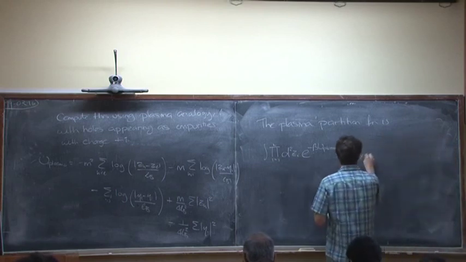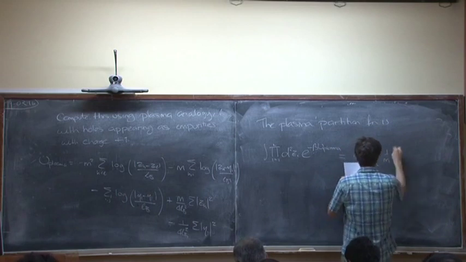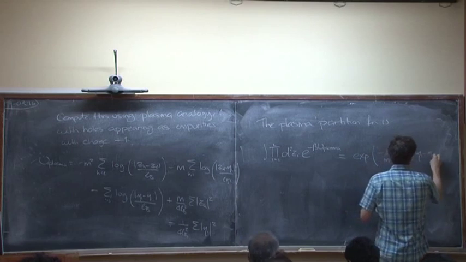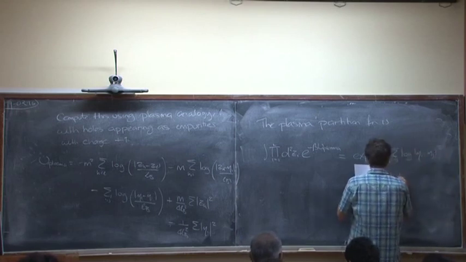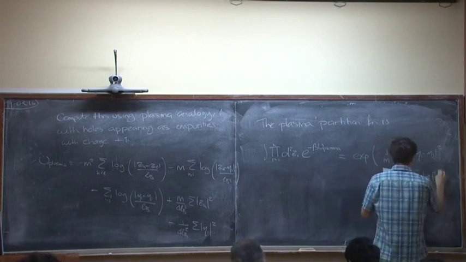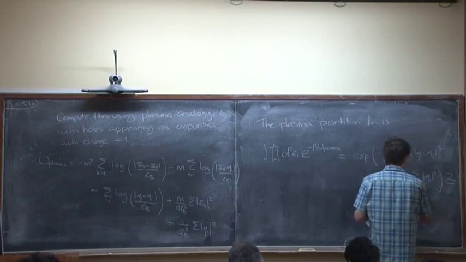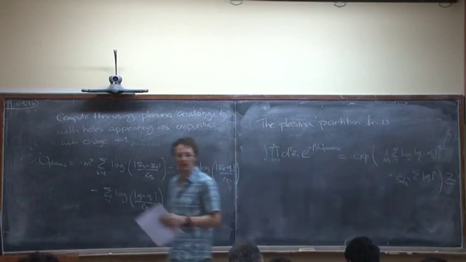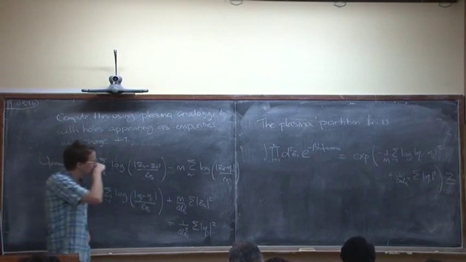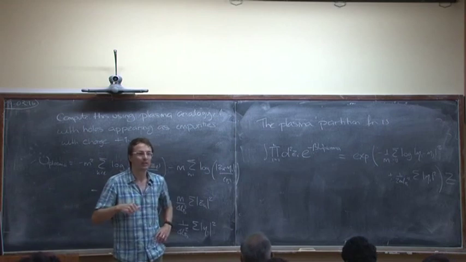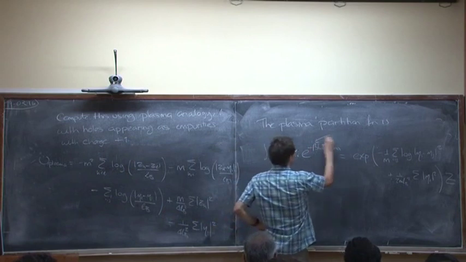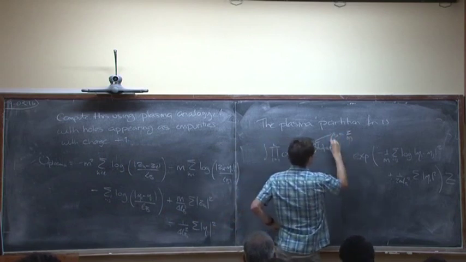So we should write this as the exponential of minus 1 over m, sum over i less than j, of eta_i minus eta_j squared. Okay, I'm not quite sure what sign I've got there. Maybe I screwed up. So now you put in the beta, the temperature. And now, that's right, beta is given by the 2 over m that we had before.